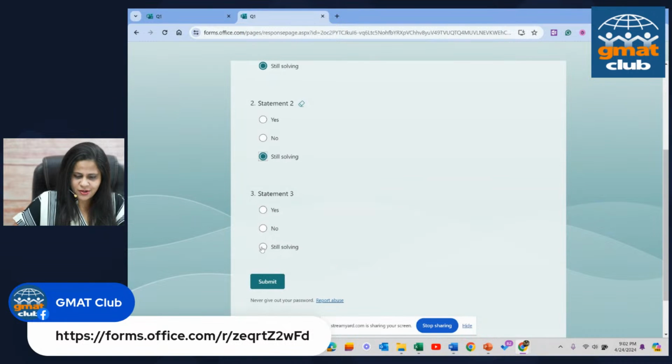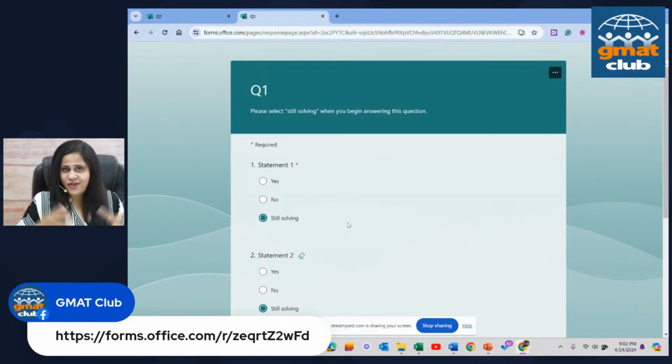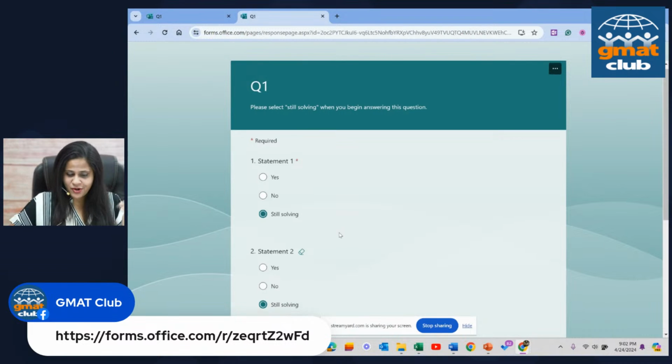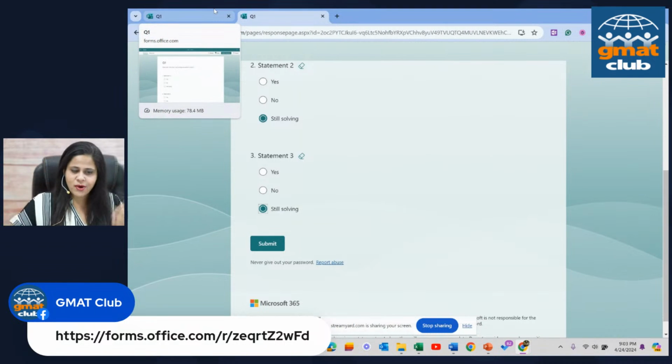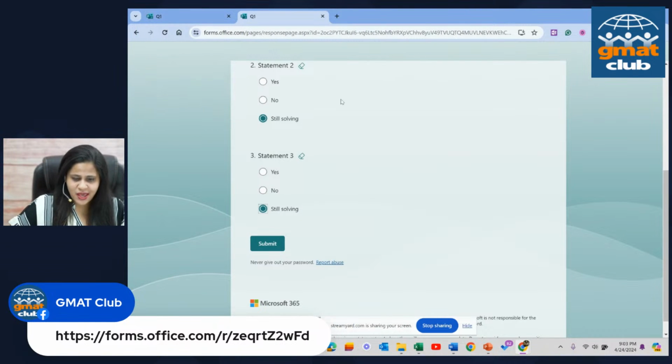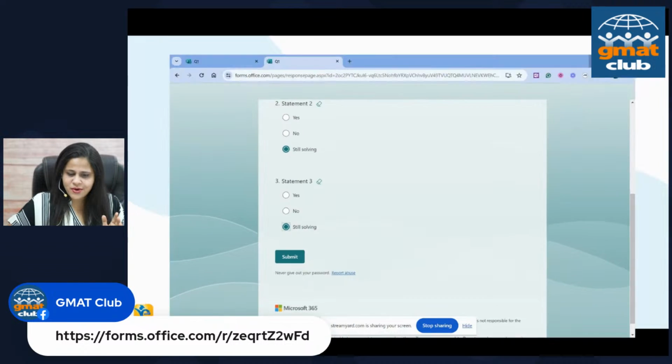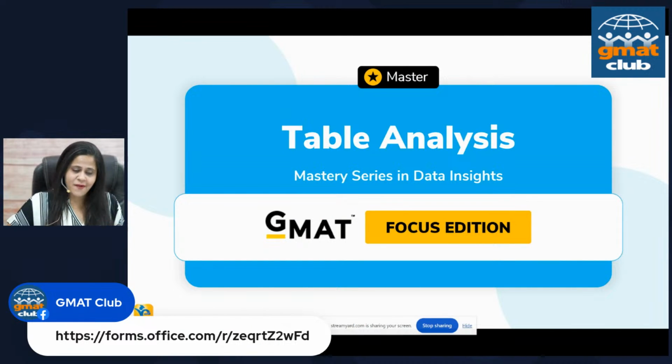Then, as soon as you find your answer, click on whether it's yes or no for each of the 3 statements, and then simply submit the answer. I will give you about a 30-second warning before I want you to put in your answers. Even if it's still solving, that's absolutely fine. Again, it's a very low-risk environment that we are in here, so I just want you to do your very best when you are attempting these questions.